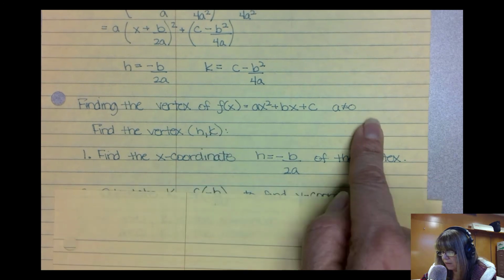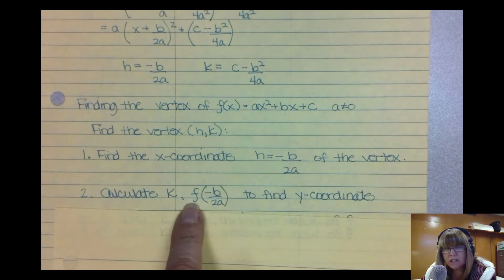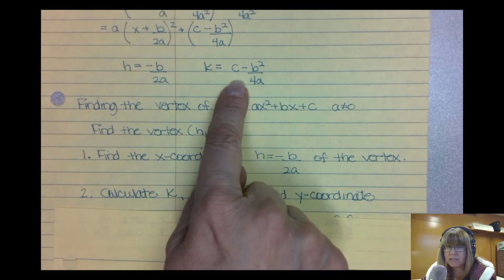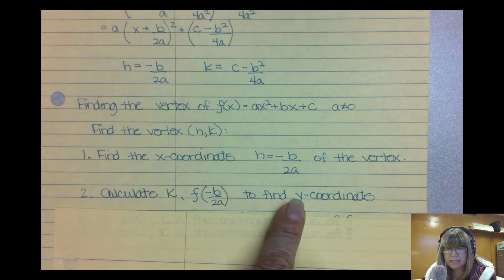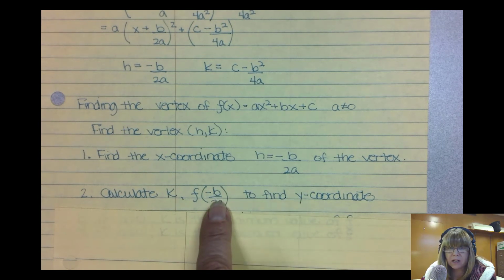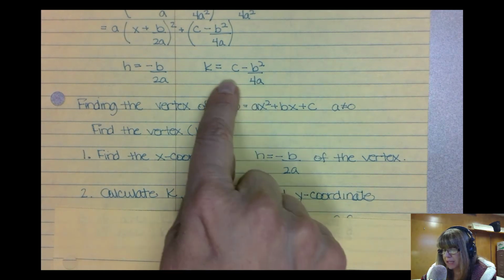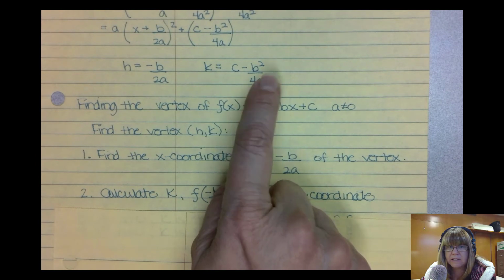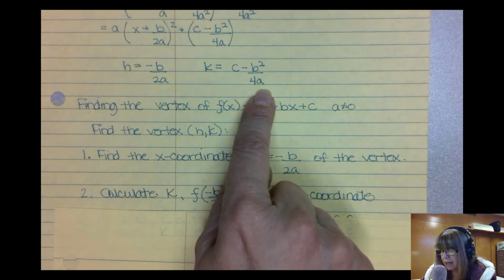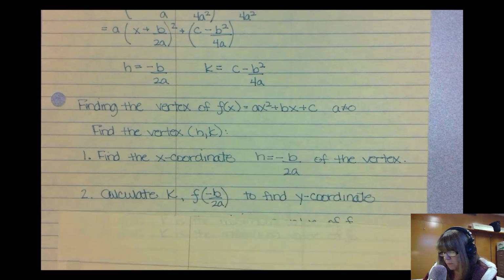And our k value is our function at that value, because sometimes we're not given this c value, but we could find out our y-coordinate by plugging in our h value, and we would calculate k. Now, if we do have a, b, c, we can actually use the a, the b, and the c in the function up here for k to find k. But there's a couple ways of doing it.